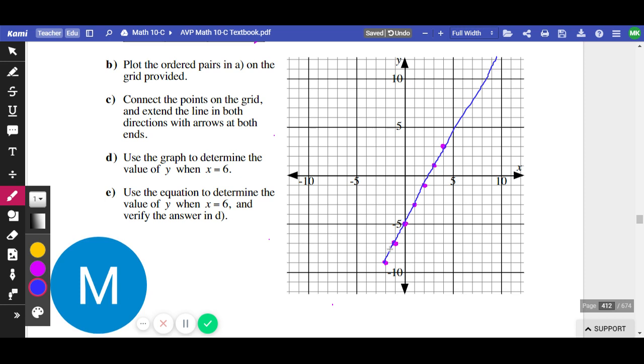And again, I would use a straight ruler if I were you. I can't on my smartboard, but you should use some sort of flat edge so that your line is nice and straight. The reason that line needs to be nice and straight and that you're connecting all these dots accurately is you can now use this graph to figure out more inputs and outputs.